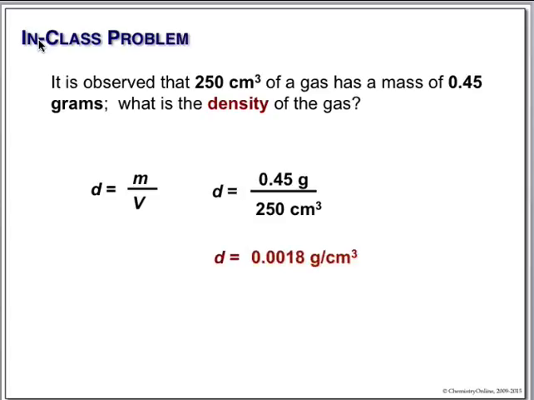Our density is 0.0018 grams per cubic centimeter. Mass per unit volume. Now, if you wanted to, you could move your decimal over here, multiply it by 1,000, and do this in terms of grams per liter. That's typically done for gases.